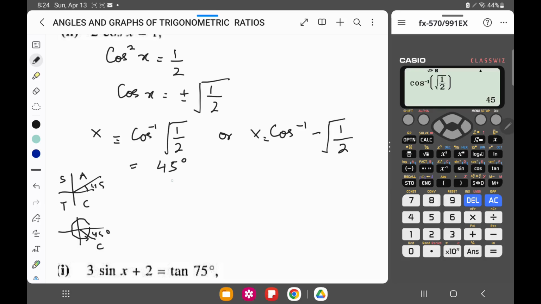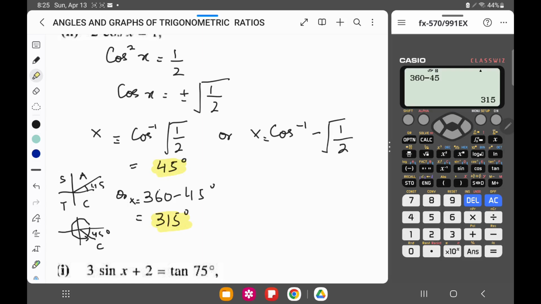So 360 minus 45 is equal to 315 degrees. So two sets of answers we have already calculated.